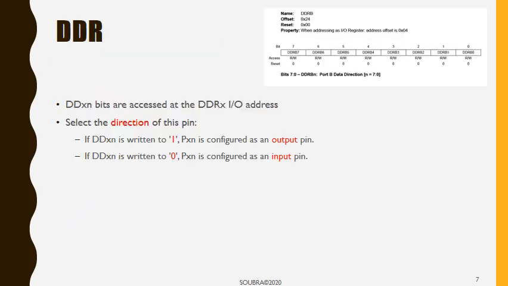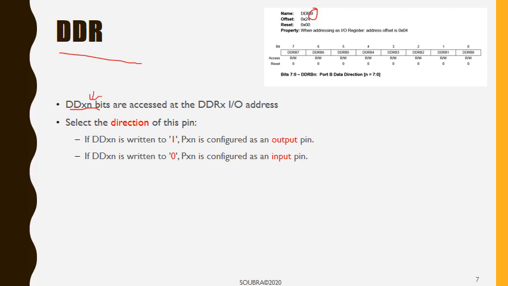Alright. So let's see in more detail the DDR. If I'm using the DDR register, I have different pins here. So x is for the port, and then n is the bit within the register.